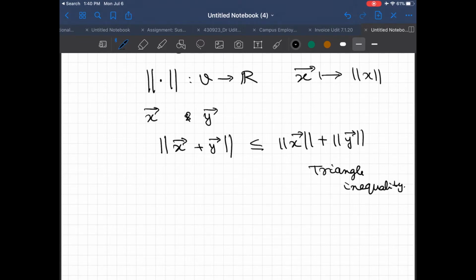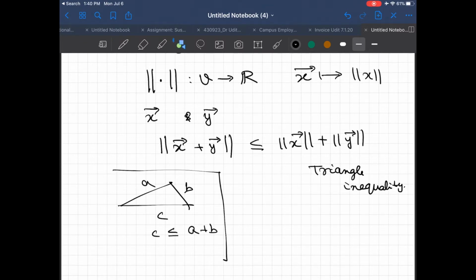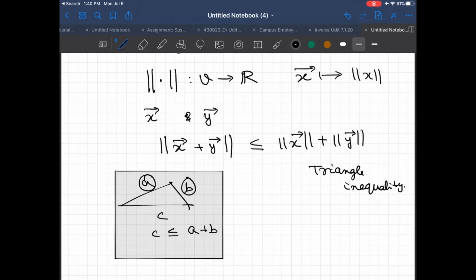If you remember, if there are two sides A and B, and the third side is C, then the length of C should be less than A plus B. And from here we can see that norms can also be used to measure certain distances, and we will use that particular result very powerfully in various aspects of machine learning.